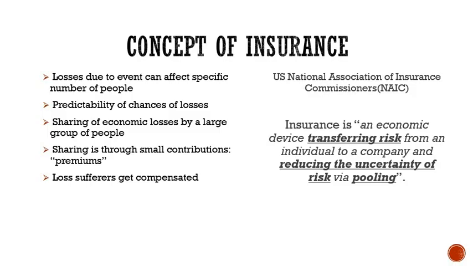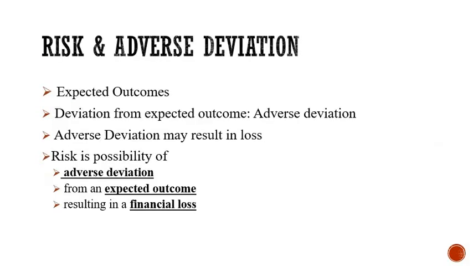Now, let us come to the concept of risk. What is risk? It is when an unexpected outcome occurs or an expected outcome did not take place. Many things in nature are normal and usual, such as the sun rising in the east and setting in the west, day and night, and so on.